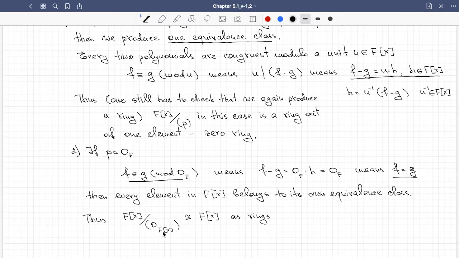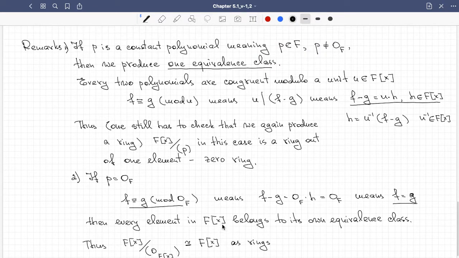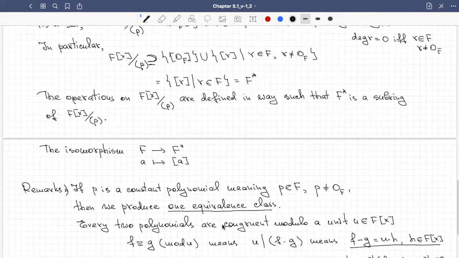Means with this, if we start with zero polynomial, we get back the ring as it was. We could do the same with integers. No harm, we simply get the ring of integers back. So in this case, everything works, including the furthermore statement of the theorem.